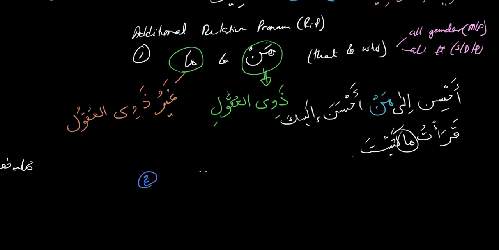The second category is ayyun and ayyatun. They are generally mu'rab and used in idafa.